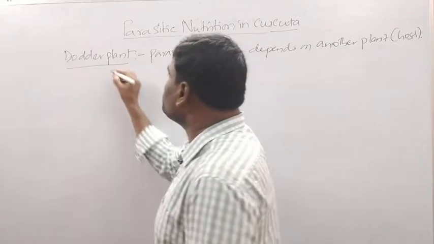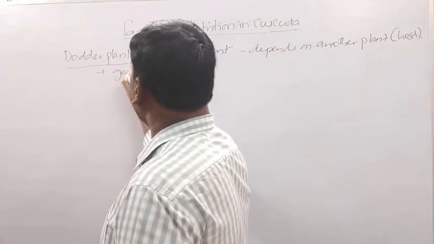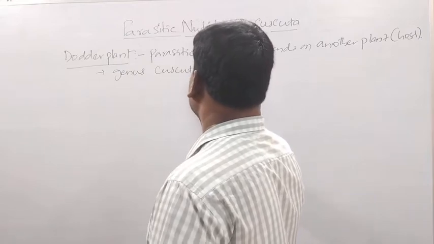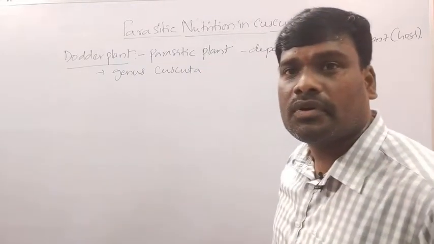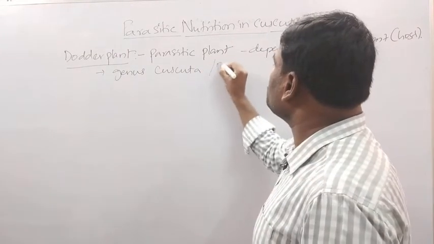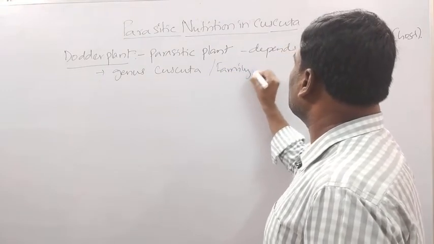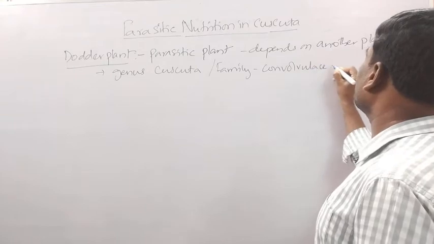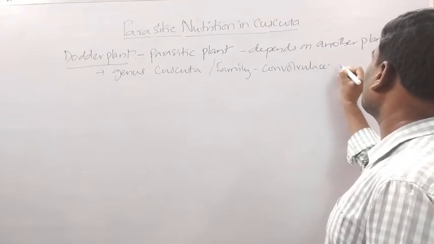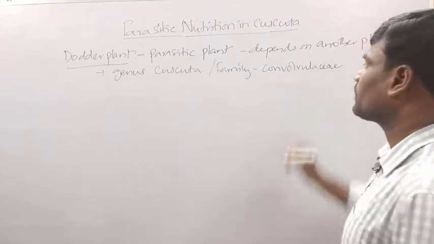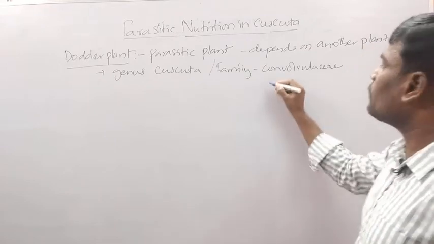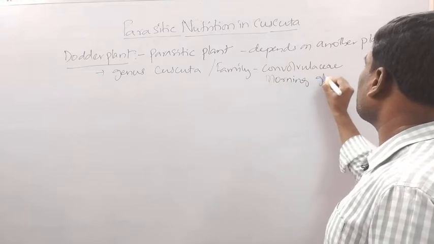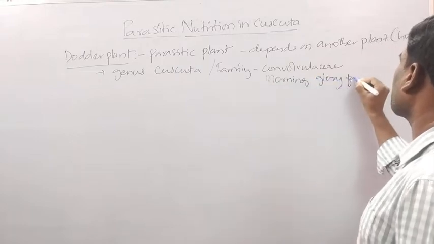This dodder plant children belongs to the genus Cuscuta, and it belongs to the family Convolvulaceae, or in common we can call it the morning glory family.